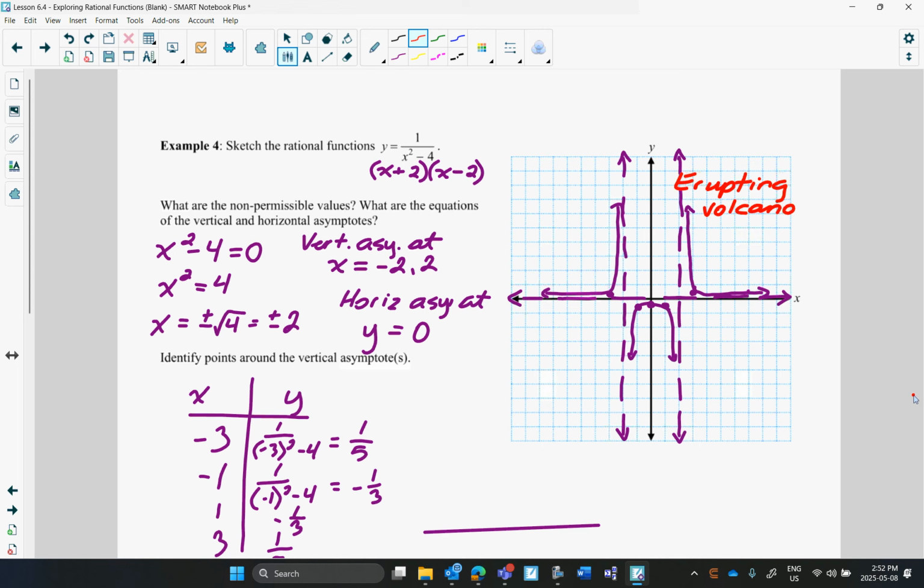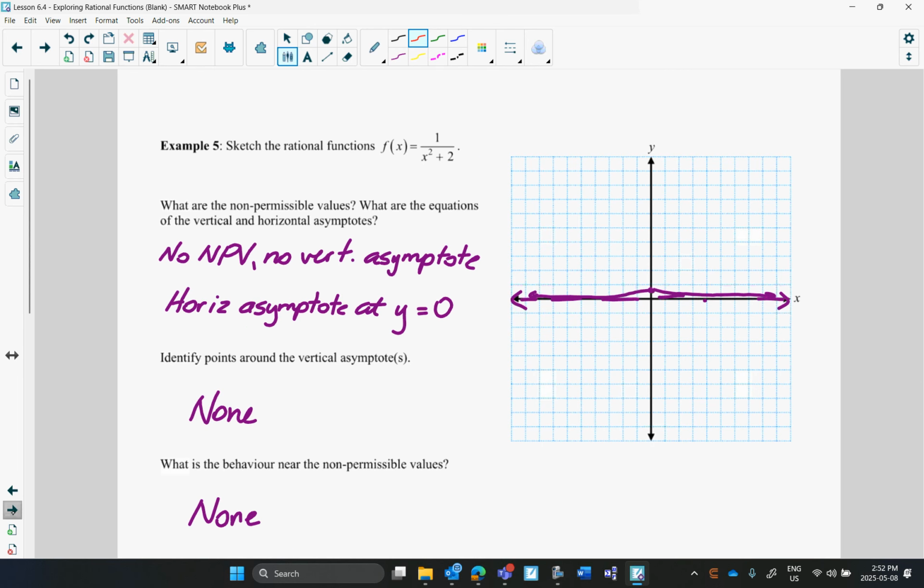If the bottom can't be factored and there's no horizontal, like this, I think of it as a speed bump. Or a little hill? I don't know. To me, it always looked like a speed bump.